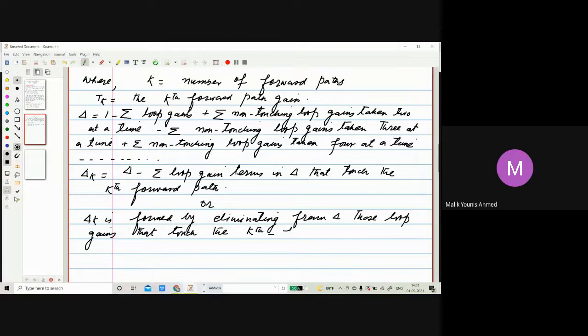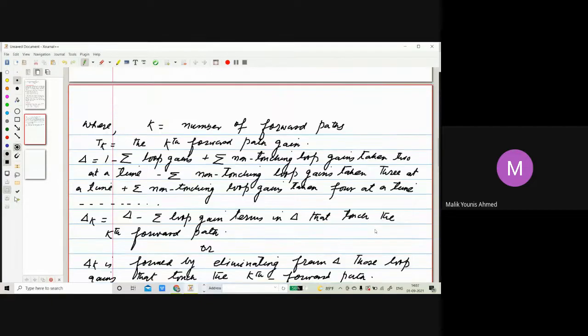This will be more clear in the numericals. So that's all about Mason's gain formula or Mason's rule.